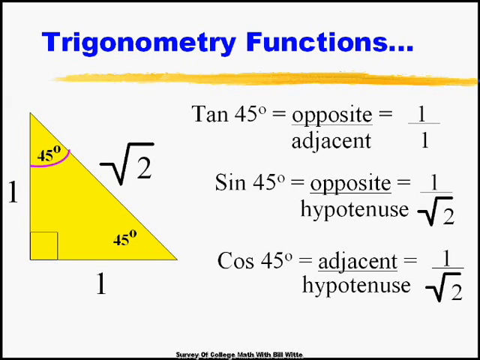And 45 actually is the one angle whose cosine is the same as its sine. The cosine is adjacent over hypotenuse. Why would that be? Because it's the only angle whose opposite leg is the same as its adjacent leg. Okay? And once again, they come out to usable numbers.